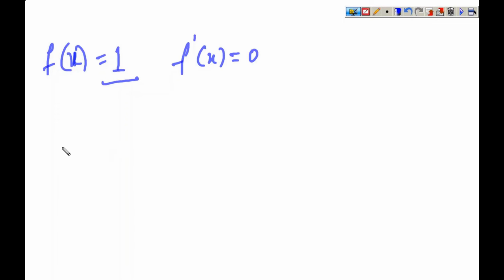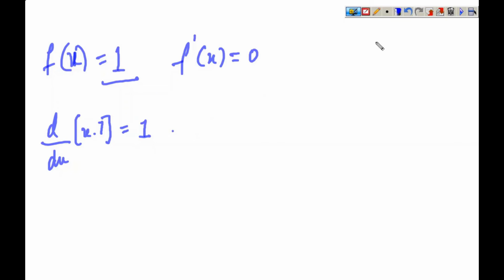So that's why in this question the derivative of x times 1 equals 1.